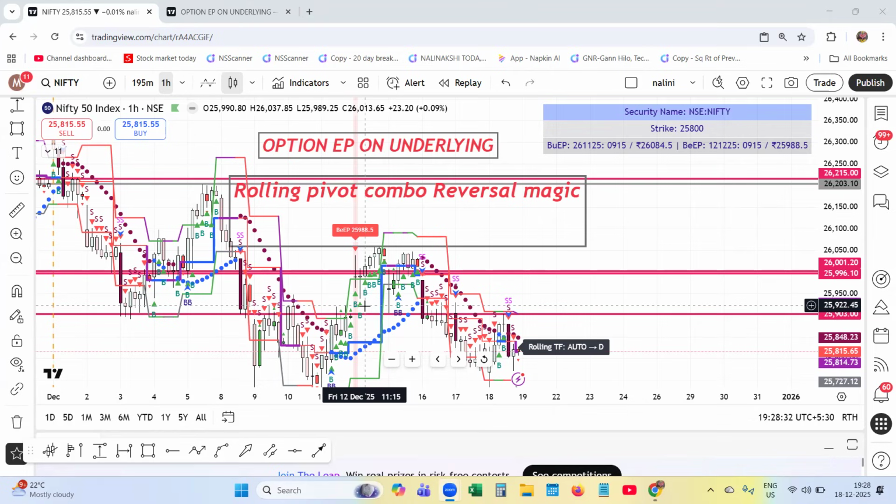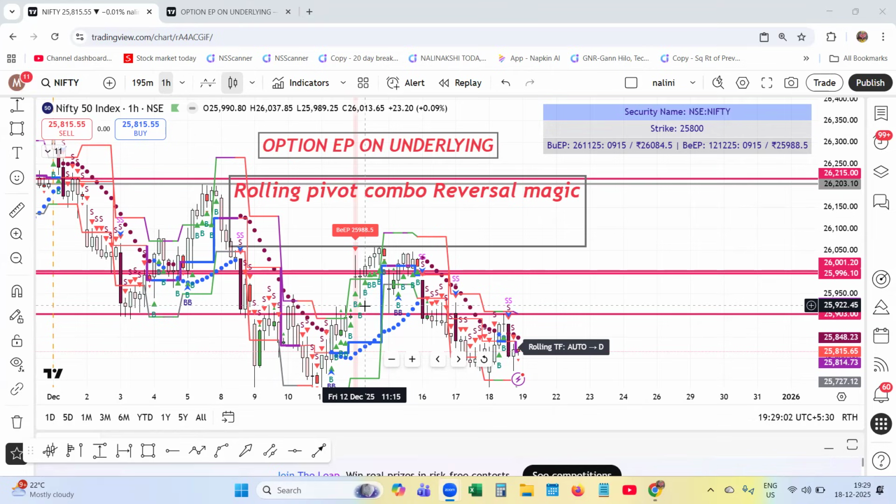Option writers are not gamblers, they are professionals. They write options only when they are confident. So with the indicator, we will get to know when we have to be in the call option or the put option, or write the call option or write the put option. EP acts as support: writers expect price to stay above.